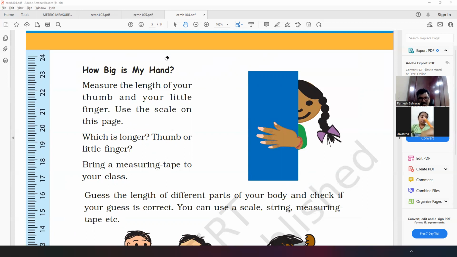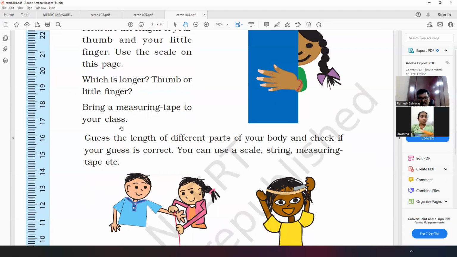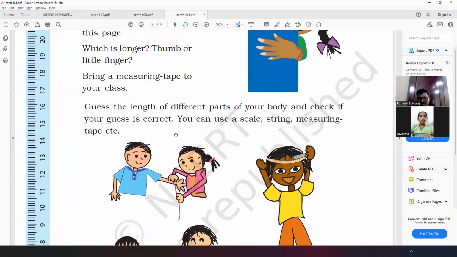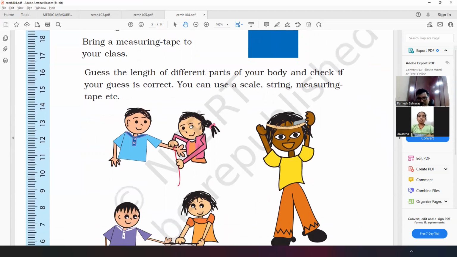And you see here, bring a measuring tape to your class. Maybe sometime later, if they are taking the class, they will ask you to bring the measuring tape to your class, and you will start measuring. Measure different parts of your body and check if your guess is correct.